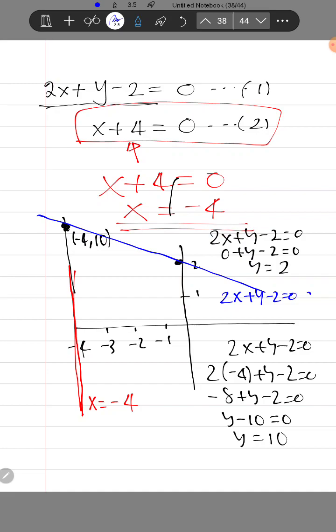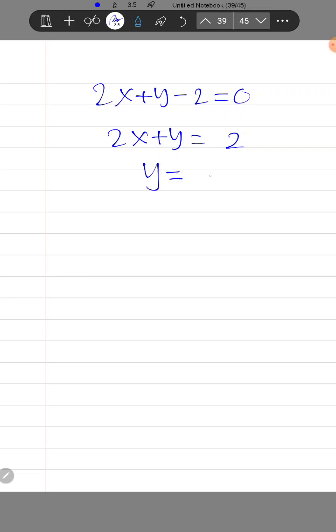That's it. What about the slope of this same graph? Slope, let me take another page. 2x plus y minus 2 is equal to 0. 2x plus y is equal to 2. y is equal to minus 2x plus 2. y is equal to mx plus b.